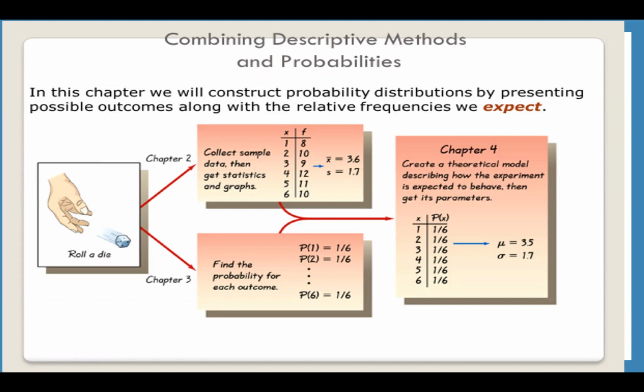And so they take all that into consideration, and we get this theoretical model. So the probability distribution gives us, in theory, what should happen if everything works the way it's supposed to, so to speak.